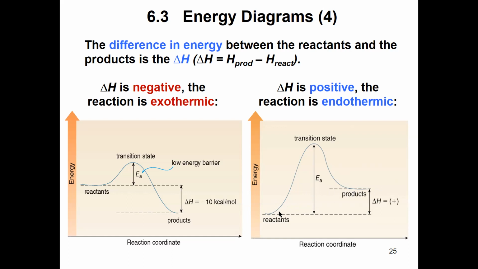First, they will need to overcome the activation energy, go through the transition state, and then they can get into products. Because delta H is the enthalpy of product minus the enthalpy of reactant, and the enthalpy of product is larger, that makes it a positive enthalpy change. That's why delta H is positive in this case. So that's what you need to retain out of the energy diagrams.